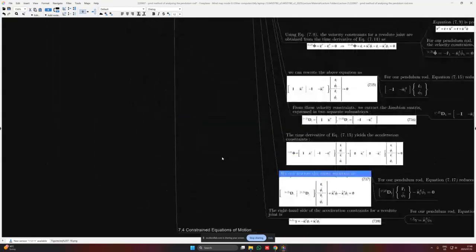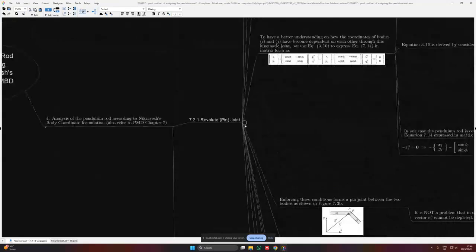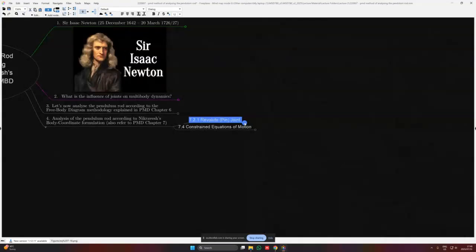All right, so that was quite a lot of mathematics regarding the revolute pin joint. Like I said, we're not too worried about the actual derivation of these equations. We just want to understand how we can essentially translate from a positional analysis to a velocity constraint analysis, and then to an acceleration analysis.